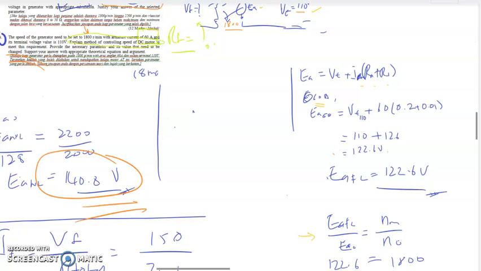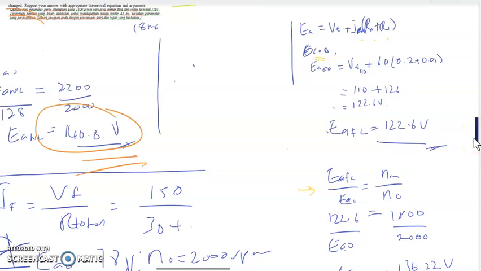Then you put it inside the generic formula for generator and also motor: EA full load divided by EA naught equals speed at full load divided by base speed. We know the base speed of our system is 2000 RPM, but EA naught we have not obtained yet, because previously we found IF and then found EA naught.